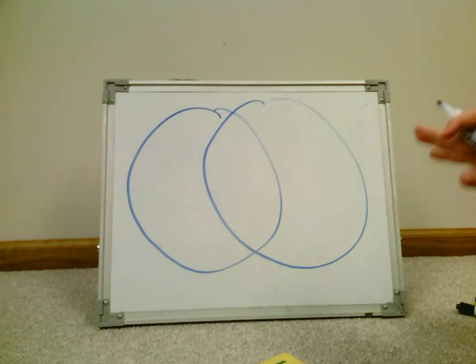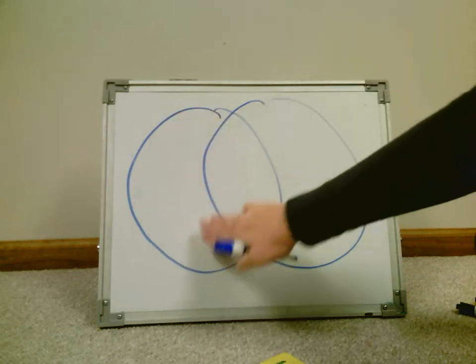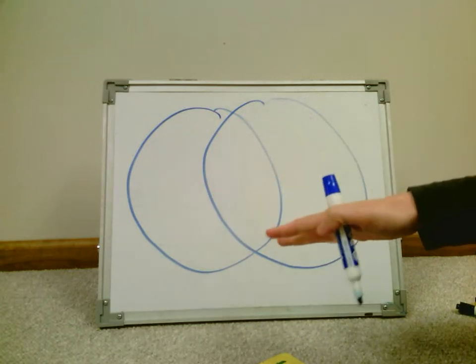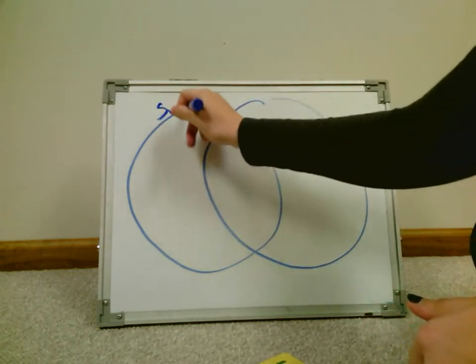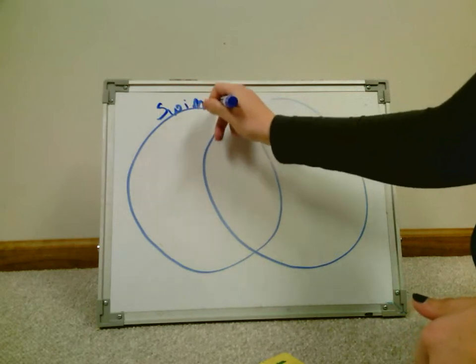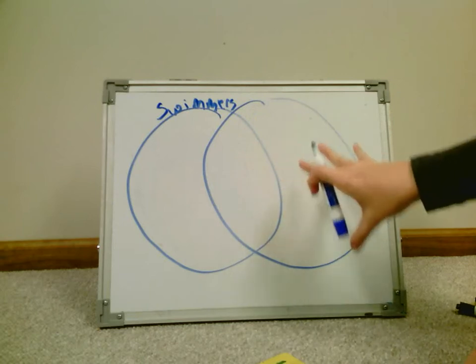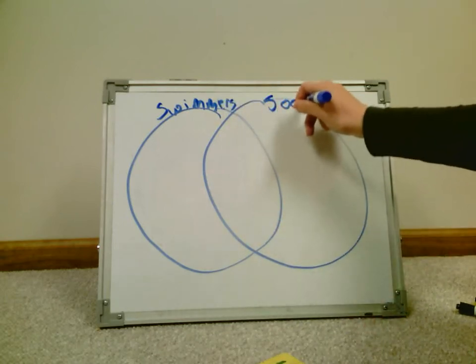In a Venn diagram, you should probably be familiar with this idea, that on one side you have one event. Let's do sports. So on this side we're going to have our swimmers. And then this second circle represents a different sport, let's say soccer players.